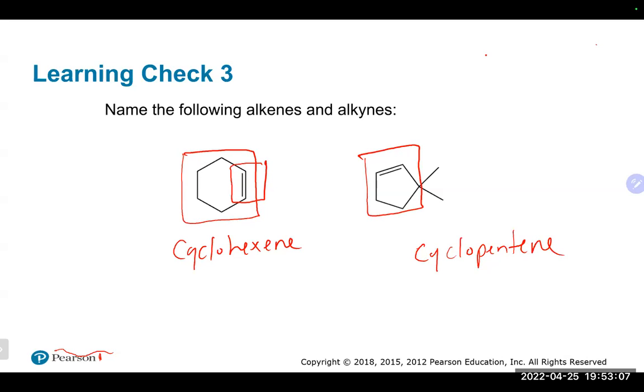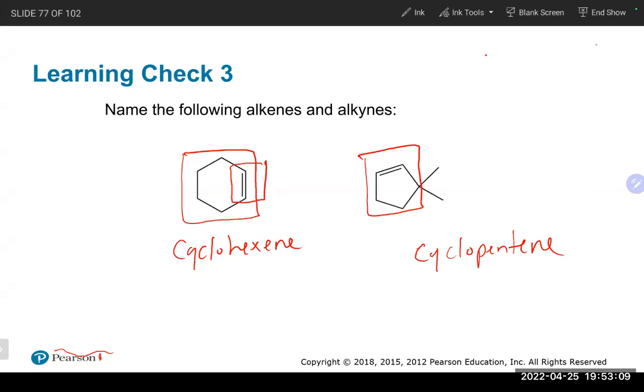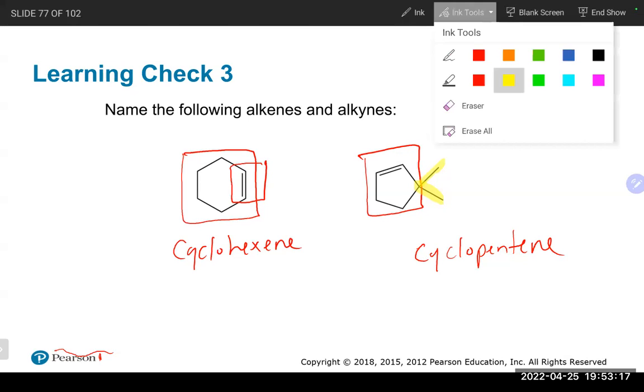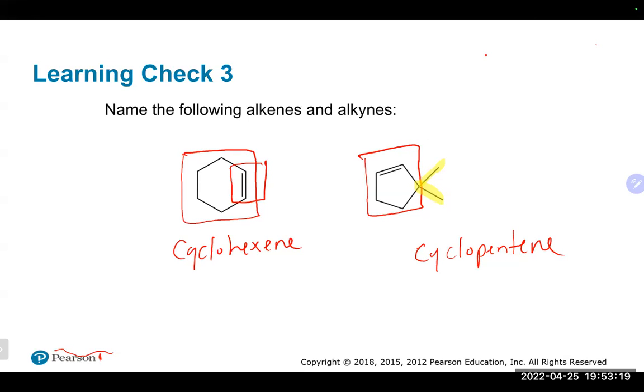We also have 2 groups attached to this particular one, and they are hanging off right there and there. And they are just lines in the line structure. So that is 2 methyl groups in the same compound. Dimethyl.